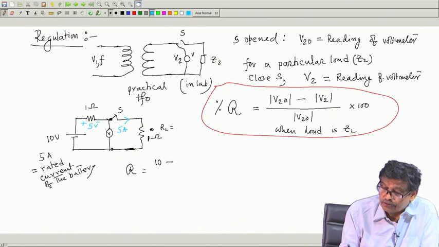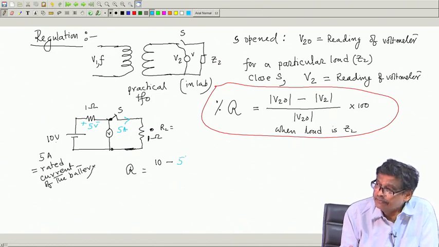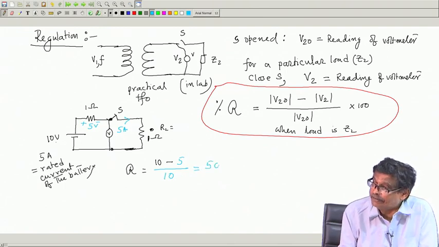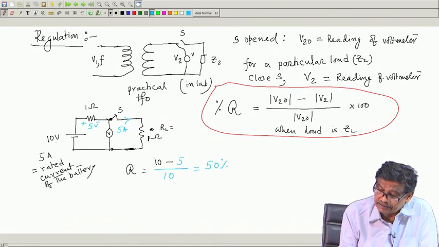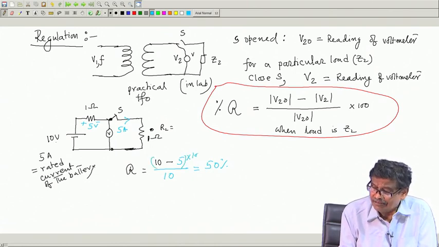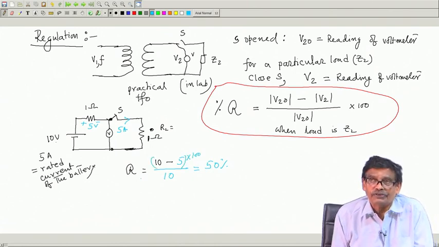Therefore, with S closed, this voltage will be 5, divided by 10, and I will say regulation is 50%. Are you getting? This is into 100, and I will say, oh, this is a very bad source.